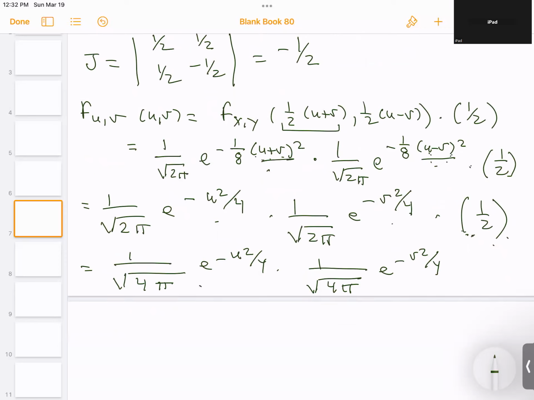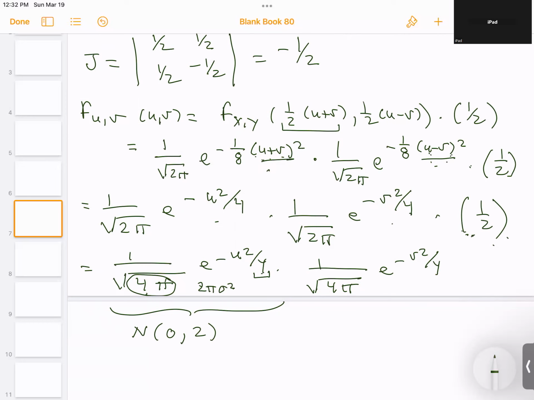Notice, what is this distribution? Well, mu is 0, so it's certainly normal. The variance: this is 2 sigma squared here, so sigma squared has to be 2. This also is correct, because this is 2 pi sigma squared, and this is also correct.